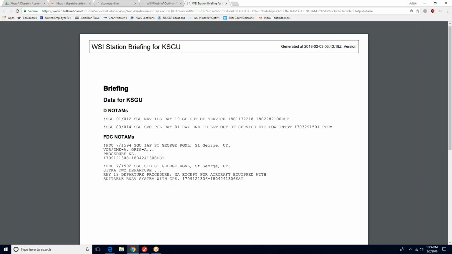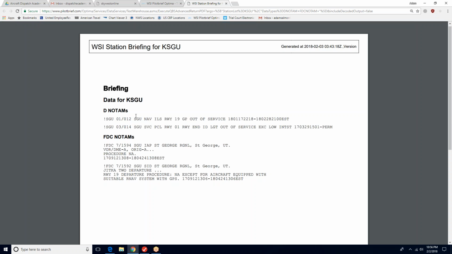For the ILS on runway 19 in St. George, the glide path's not working. Unless there's another precision approach at St. George that's not attached to this one, then that specific one wouldn't be available, and you may not have any precision approaches at St. George at all.